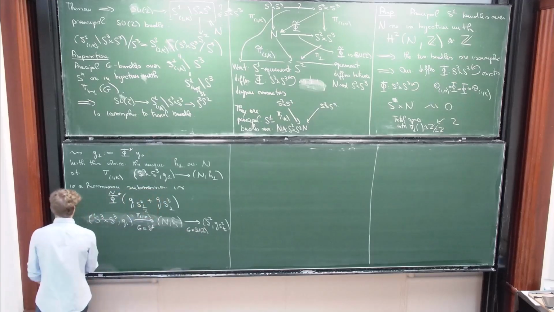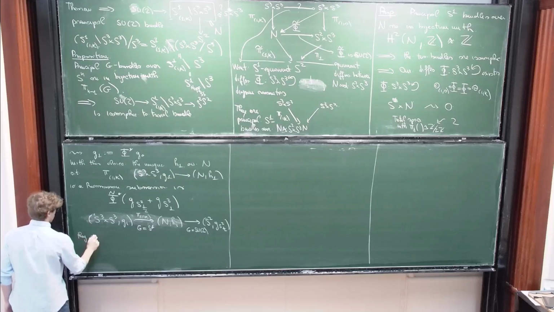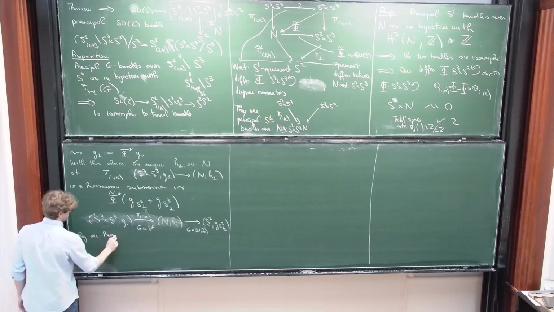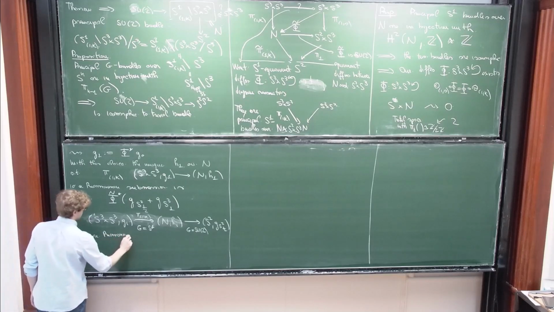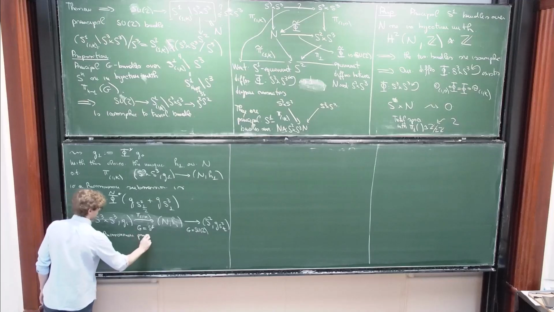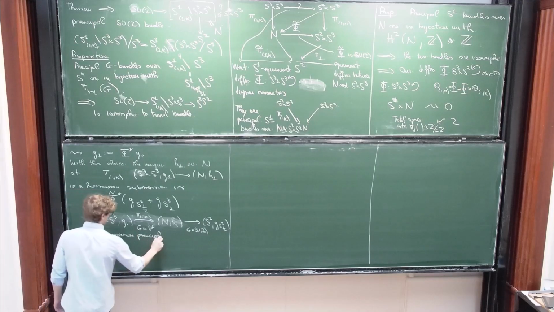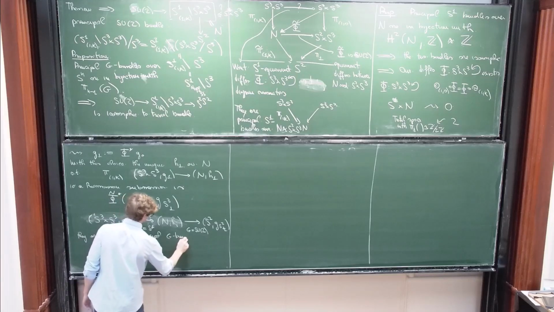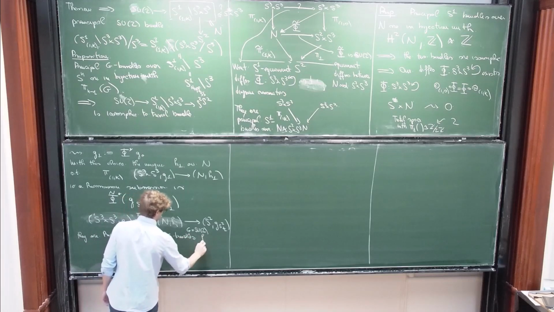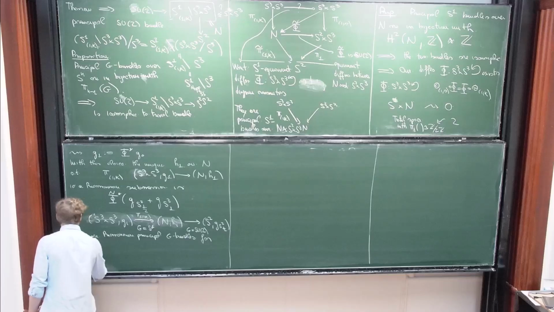They are Riemannian principal G bundles for i equal to 1 and 2.